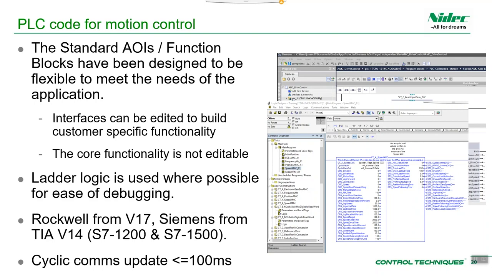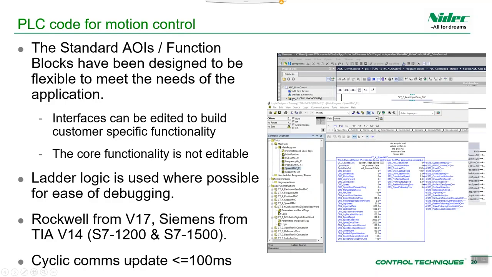Ladder logic is used wherever possible, just to meet the general customer need, and to make it easier to debug. Rockwell PLCs are supported from version 17 of the Rockwell firmware, and Siemens from TIA Portal version 14, specifically S7-1200s and S7-1500s.